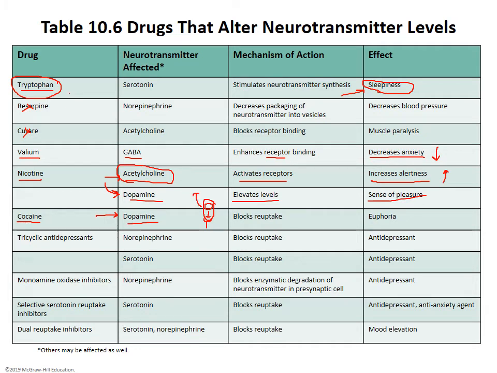And so what cocaine does is it stops the process of pulling that back up. While it doesn't produce more like the nicotine does, it just makes what we have more effective, and it blocks reuptake. And so just like that, it's going to help us give a sense of pleasure, it describes it as euphoria.